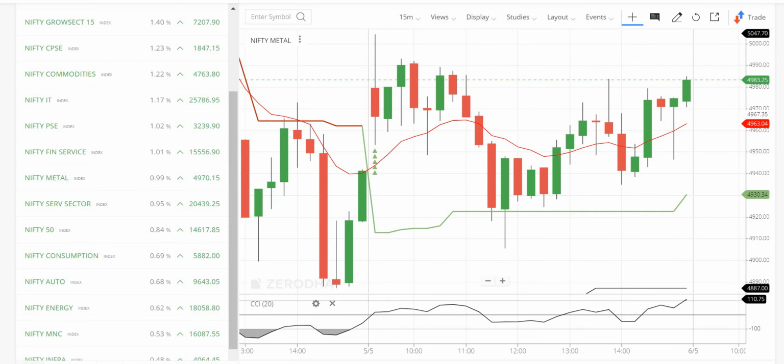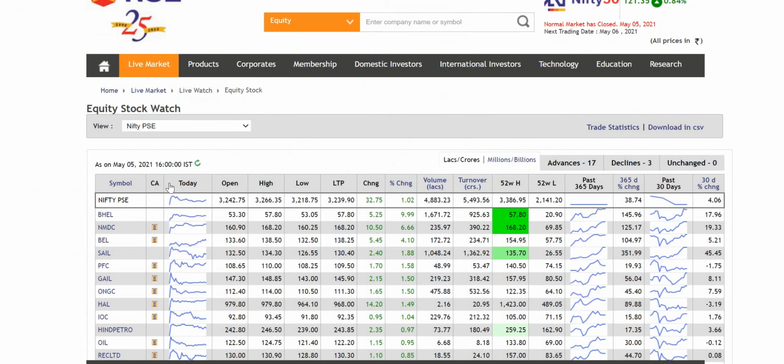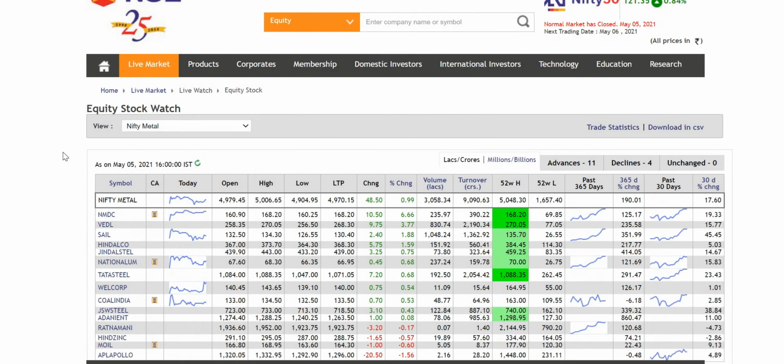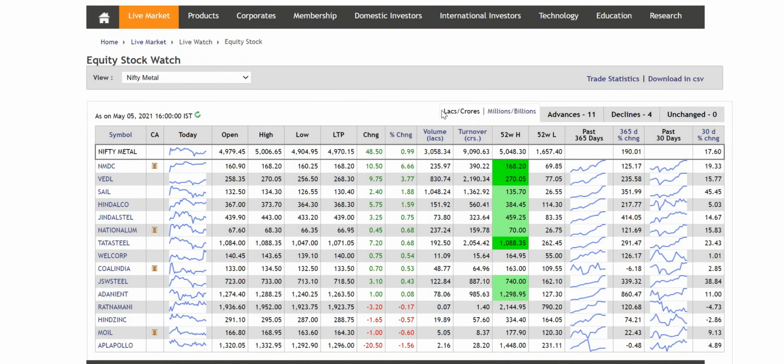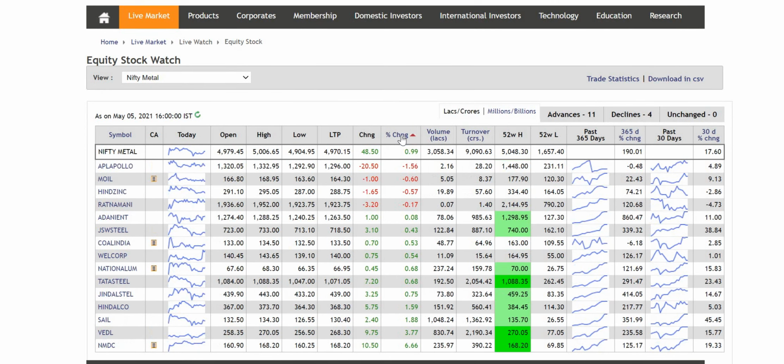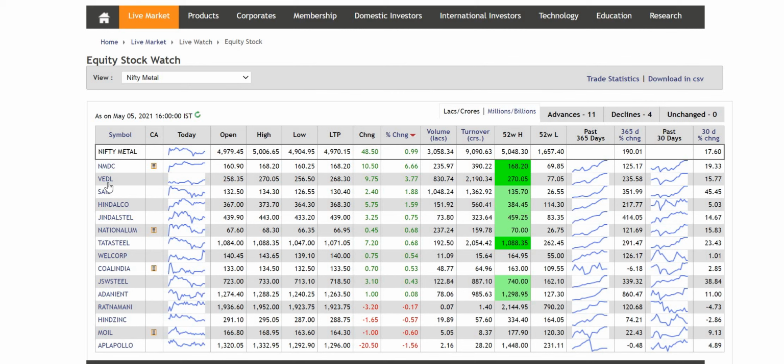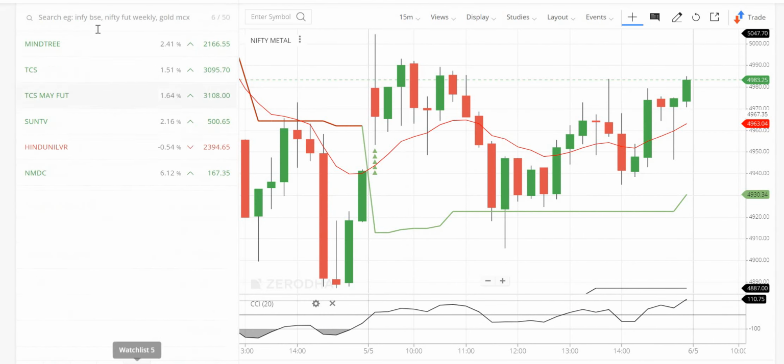Now, how do I select my stock? I'll go to the NSE website, and since I'm going to trade Nifty Metal, I'll select metals. Here, since I have to go long, I'll try to look for the strongest stock. So I'll sort it by change. Whichever are the first few, maybe the first three, I'll take them and add them to my watch list here.